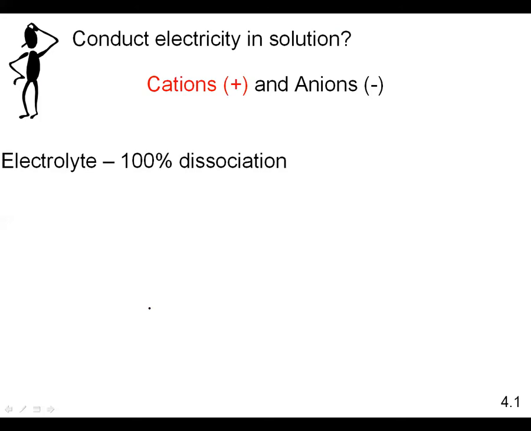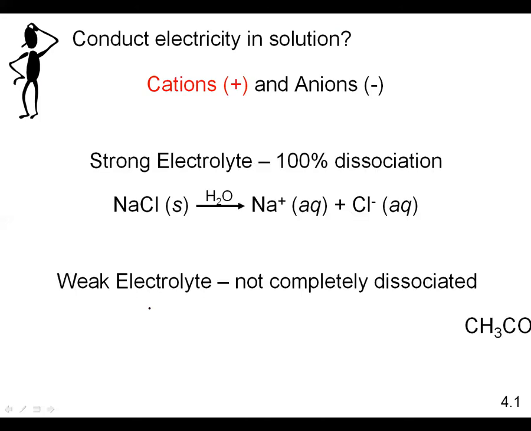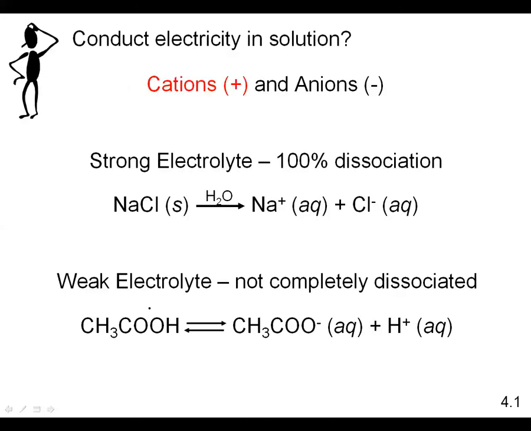So when we talk about a strong electrolyte versus a weak electrolyte, it is really the presence of those ions that helps it conduct electricity. When we have a strong electrolyte like solid sodium chloride, we take that sodium chloride and put it into water, and the solution would be 100% just the sodium ions and the chloride ions floating around.